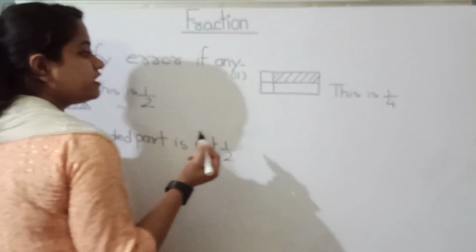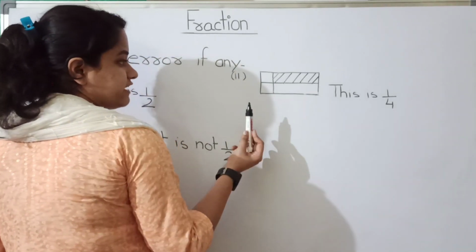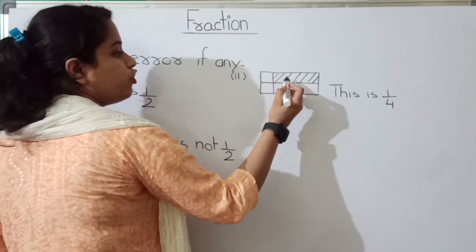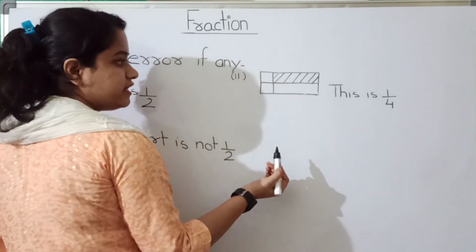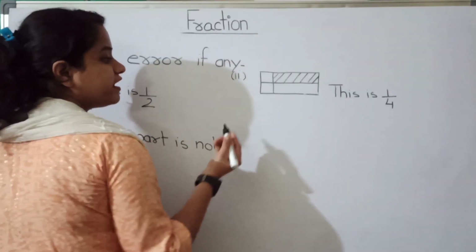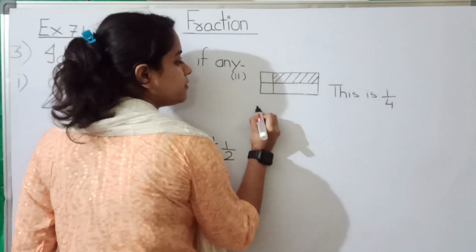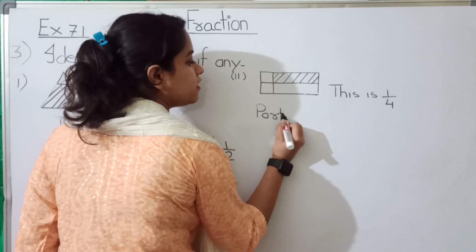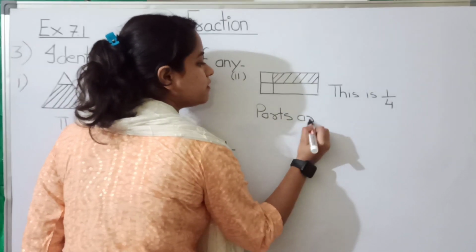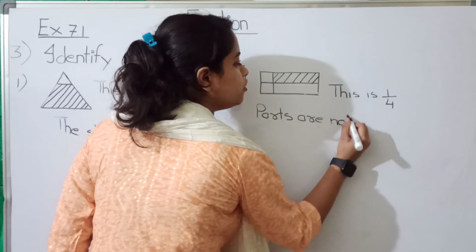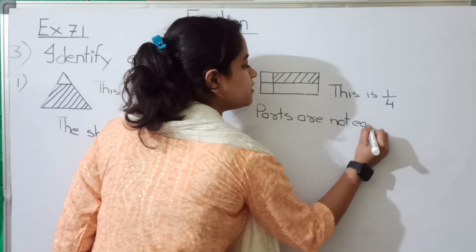So in the second one, a rectangle is given and it is given this is 1 by 4. क्या इस 4 parts क्या ये equal है? Equal तो है नहीं. और इसका एक part तो color है but वो equal part नहीं है. So we can write it down. Parts are not equal.